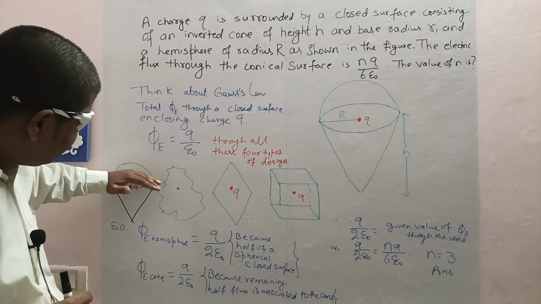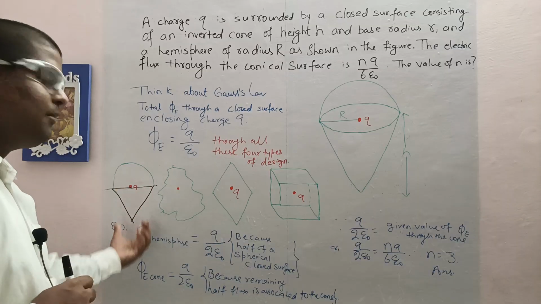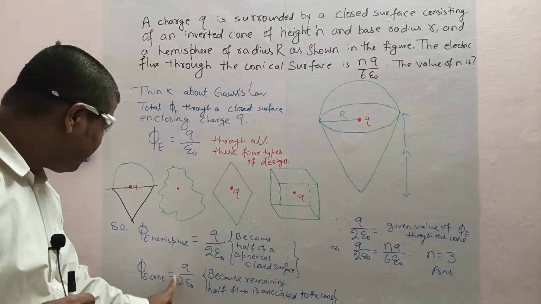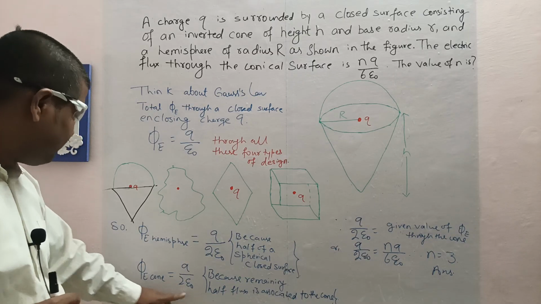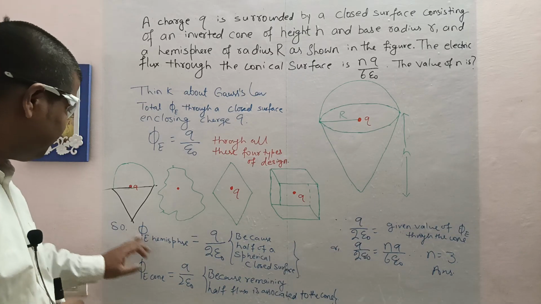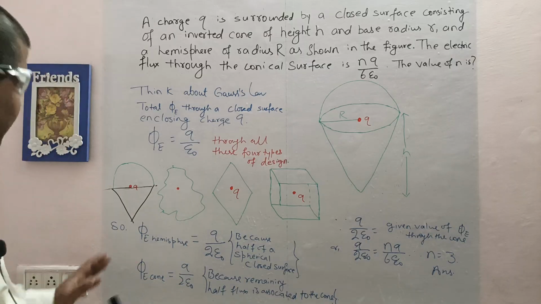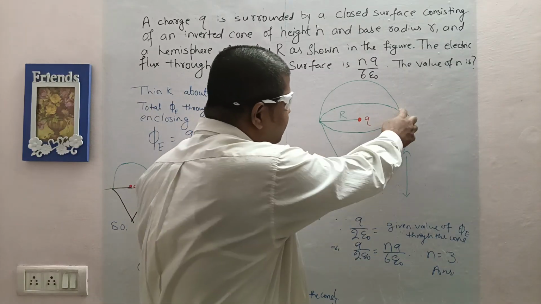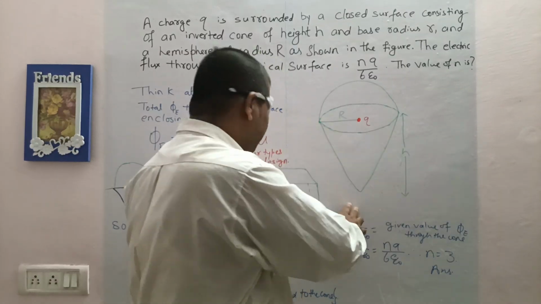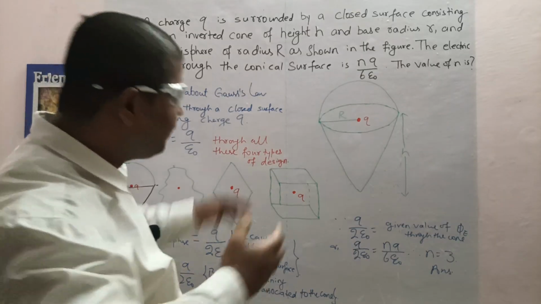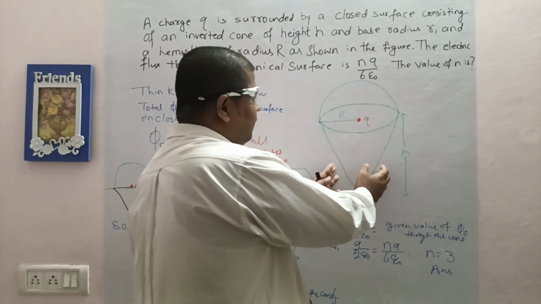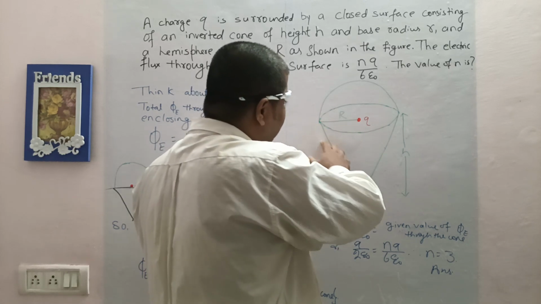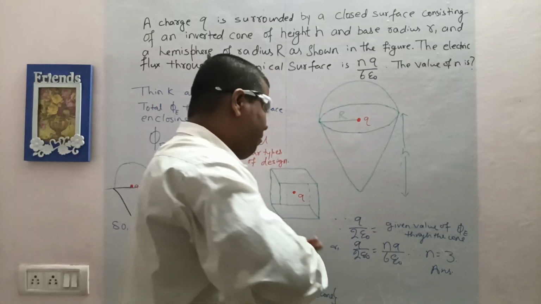Here, half of the sphere means hemisphere and the rest half is a cone. Means the rest half of the electric flux is passing through this conical Gaussian surface, Q by 2 epsilon naught. So in this question, the electric flux through this conical Gaussian surface is Q by 2 epsilon naught, because it is taking the place of the half of the sphere.